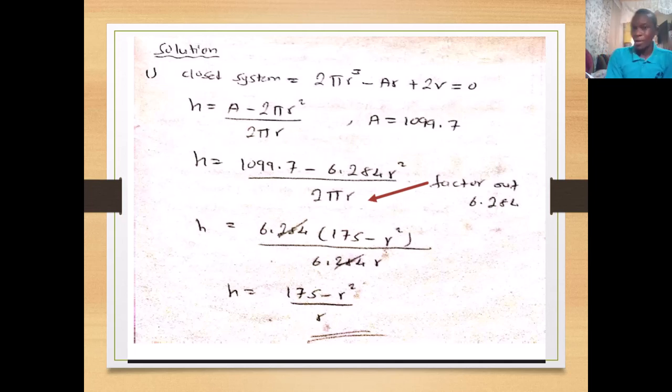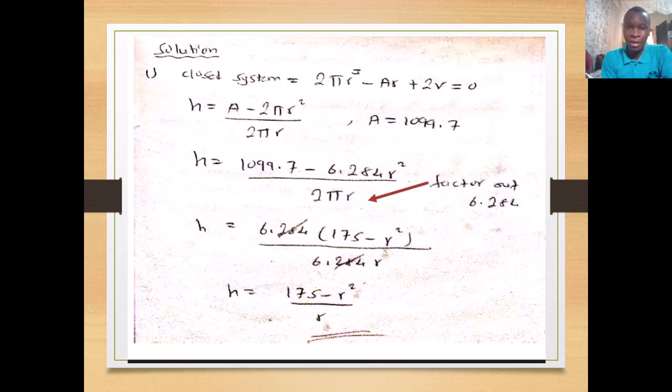Substituting that, we have (1099.7 minus 6.284 r squared) over 2 pi r. Then we factor out 6.284. What is 6.284? It is simply 2 pi. In this case, we are using pi as 3.142, so 2 pi is 6.284.